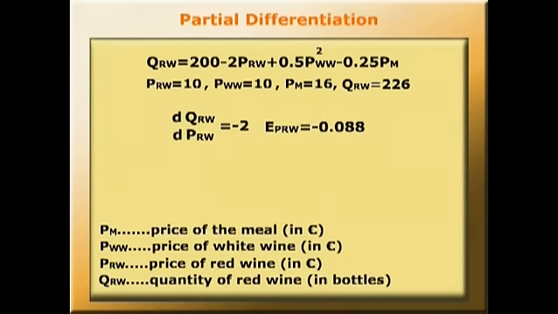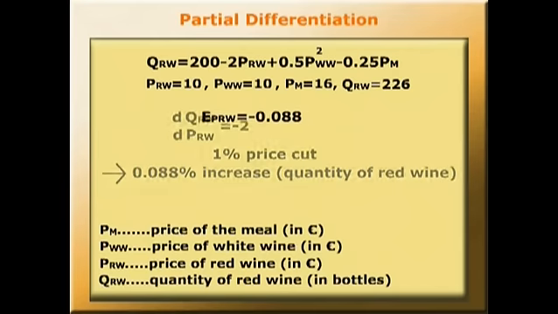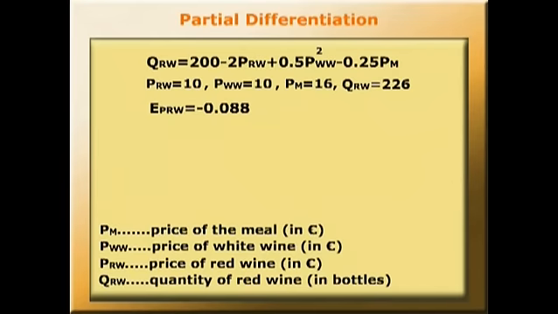So the negative sign indicates a sloping downwards of the demand curve, but our partial differentiation establishes the value of the elasticity. Roughly speaking, a 1% price cut would lead to a 0.088% increase in the quantity of red wine sold, ceteris paribus.